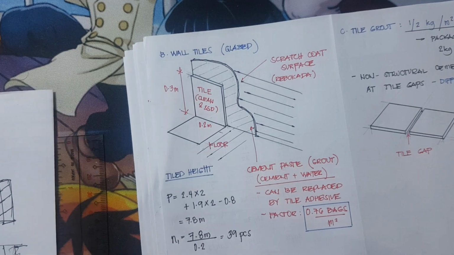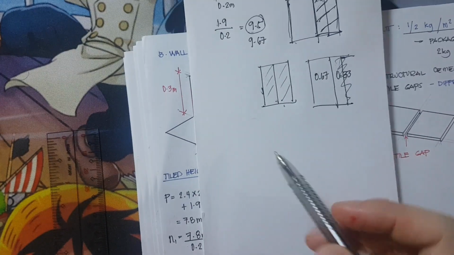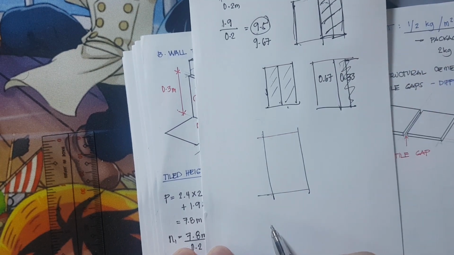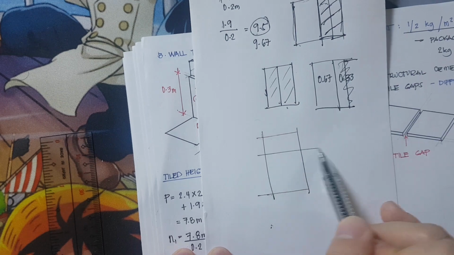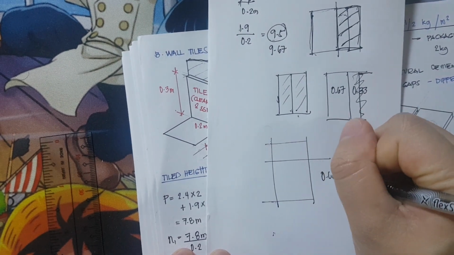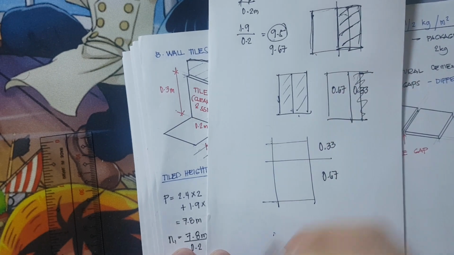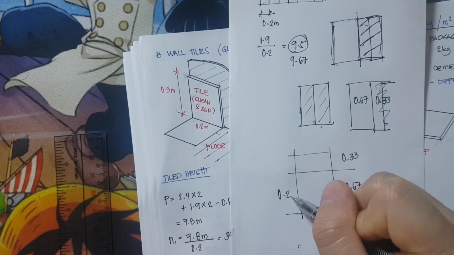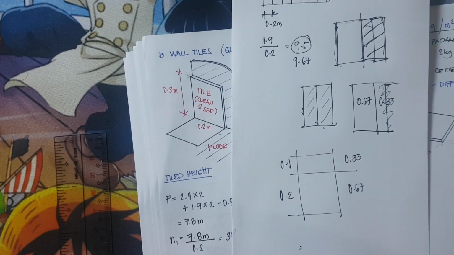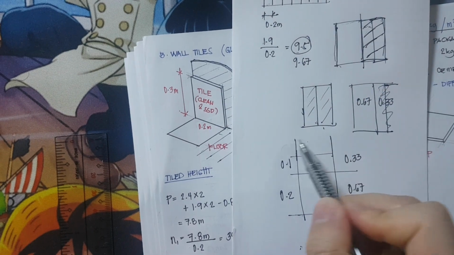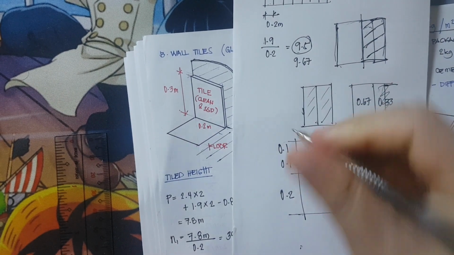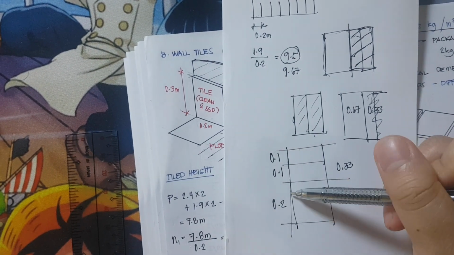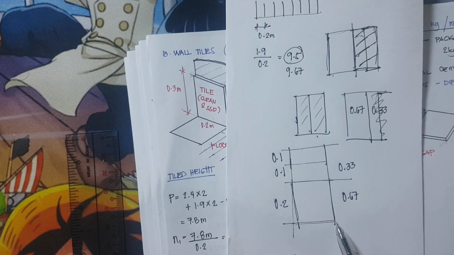Next, another thing we need to consider is the vertical. Because if the same thing happens, this is 0.67 of a tile and this is 0.33 of a tile; using the dimension, this is 0.2 and this is 0.1. Aesthetically speaking, it doesn't look good to join the 0.1 and 0.1 to look like 0.2. That's why, if this is the case, we're only going to consider the whole number.